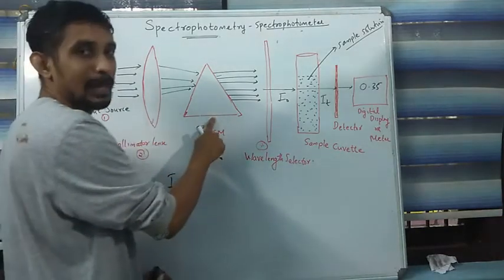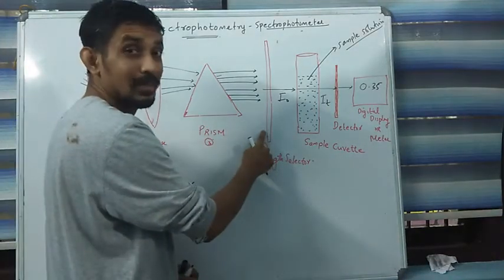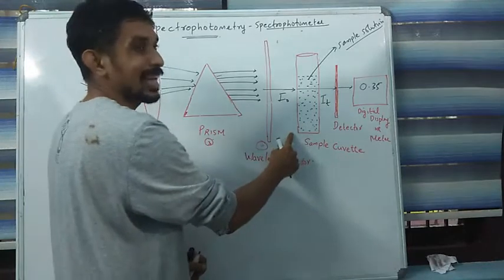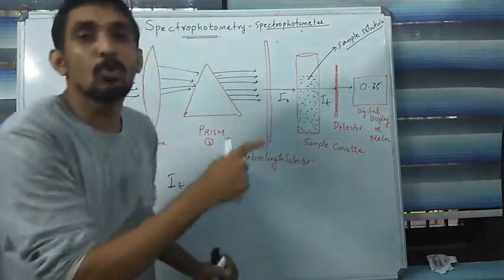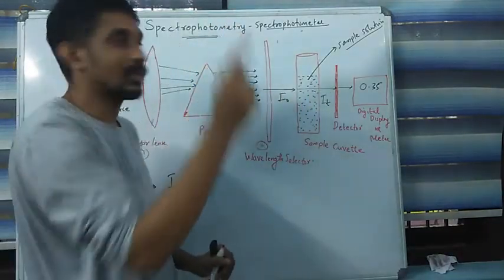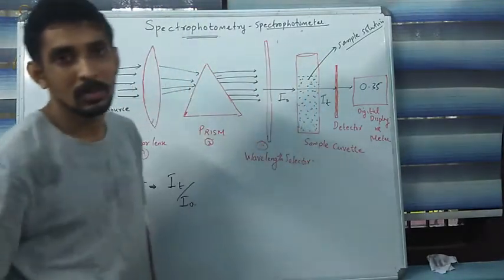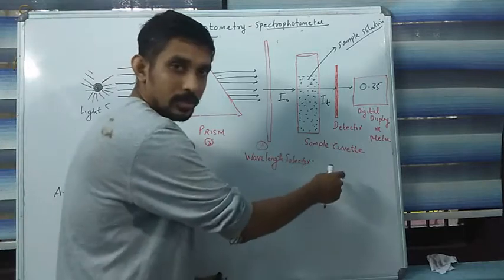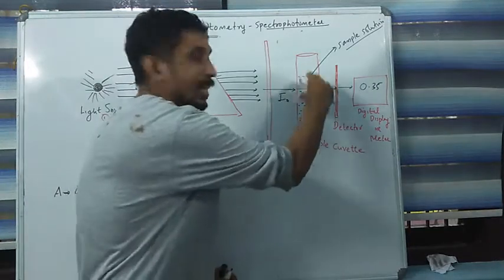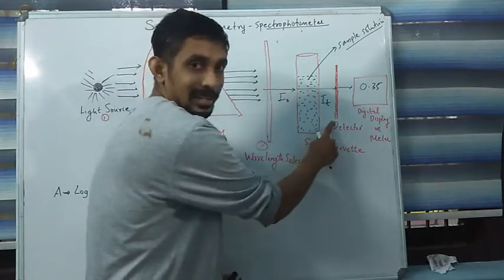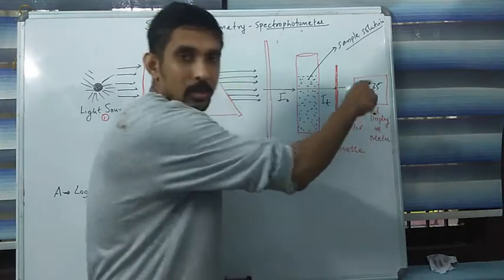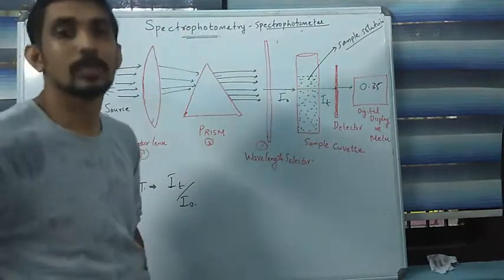The third part is a prism. The fourth part is the wavelength selector, and the fifth part is a sample cuvette. It is a small rectangular, test-tube-like container used for loading the sample. Then there is a detector and a digital display to see the readings.